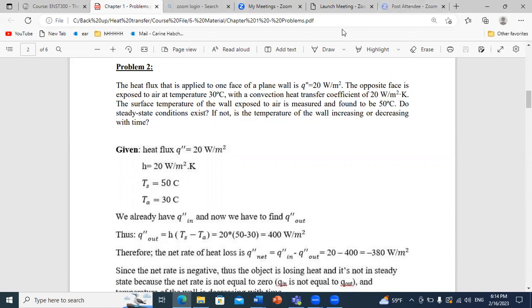Okay, so here also it's a simple problem, just to keep in mind how to apply the energy balance. If we consider the wall, always do a small sketch that can help you to see the different processes involved. So you have your wall. They are telling you that from one face side, we are imposing a flux of 20 watt per meter square.